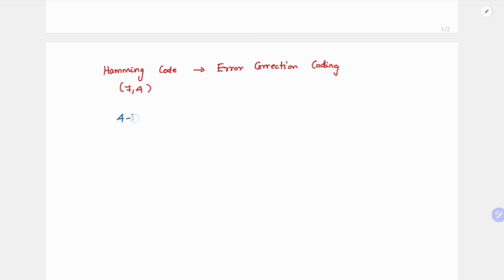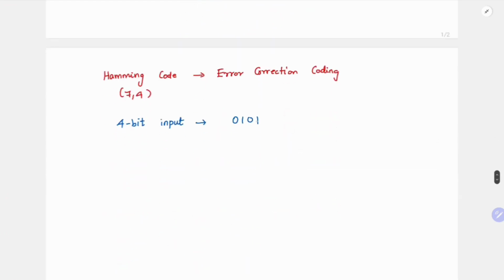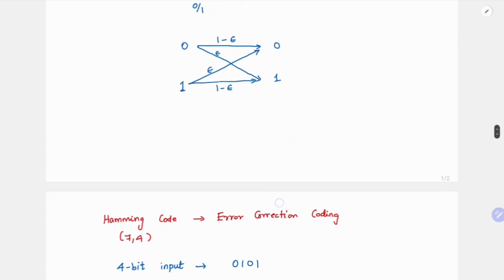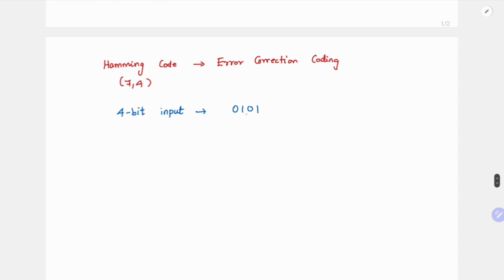Let's say you have a 4-bit input, let's take 0, 1, 0, 1. There is a probability that any one of the bits will get flipped. For each of these bits, there is a probability of epsilon that it will get flipped. So if I just send these 4 bits, then the probability of error will depend on that epsilon.